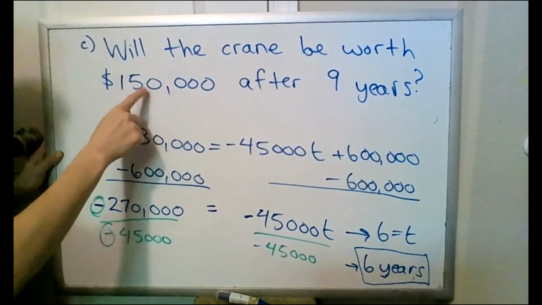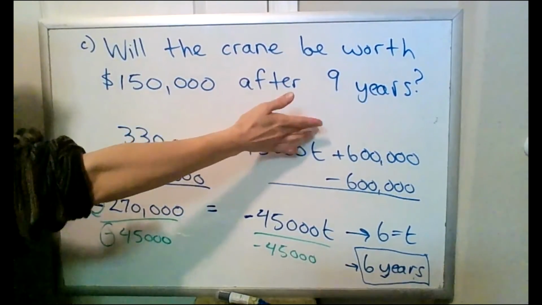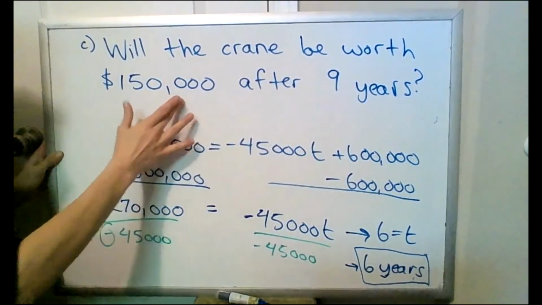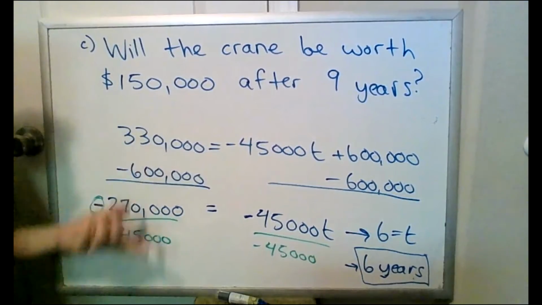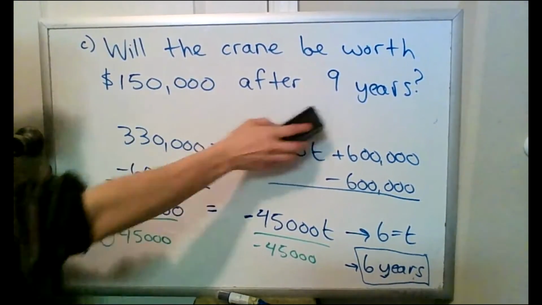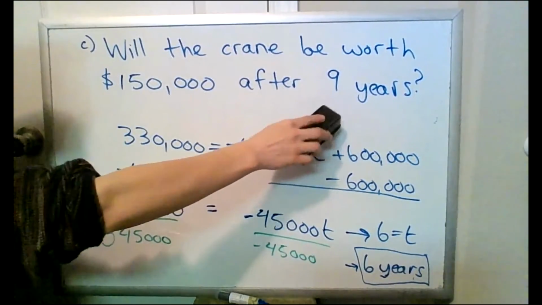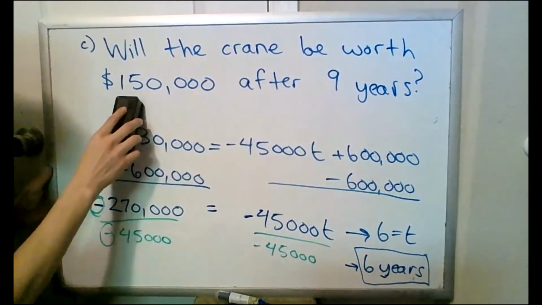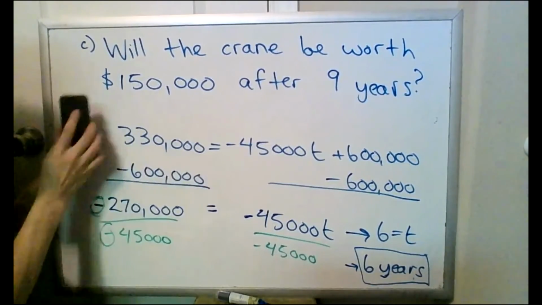One way is to put in this value and solve and see if there's a corresponding number that's matching, which is how I'm going to do it. I guess you could also put in both values and see if you get a true statement, but we're going to put in t equals 9. So at 9 years, I want to know what the value is. If it is 150,000, then I'll say yes. If it's some other number, then we're going to say no.